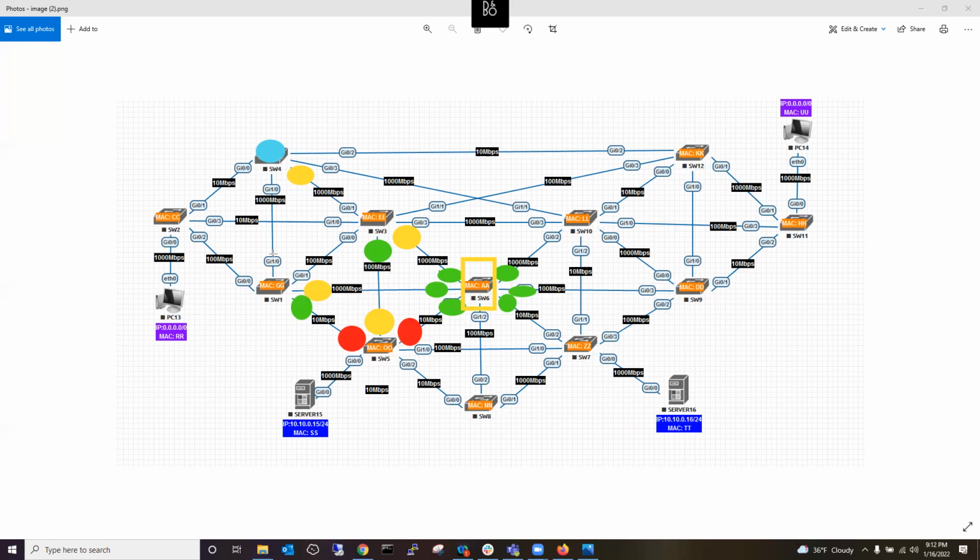That should be 1/0 for switch 1, right? For switch 1, absolutely. There you go. Now that's there. All right. So what about switch 3? Who's your root port? 0/1.